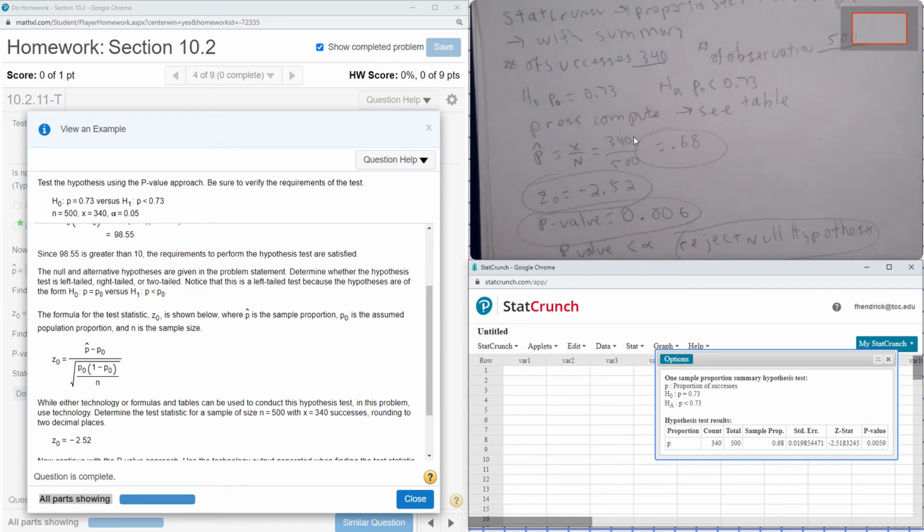So I found my p hat to be x over n, which is 0.68, and my z statistic to be negative 2.52, which we can see there from the data. And then we can see the p-value here, which is that area. It corresponds to the z statistic.